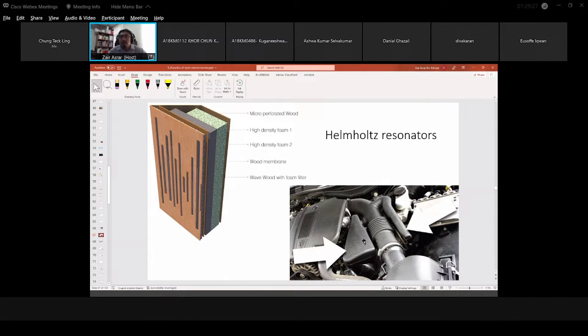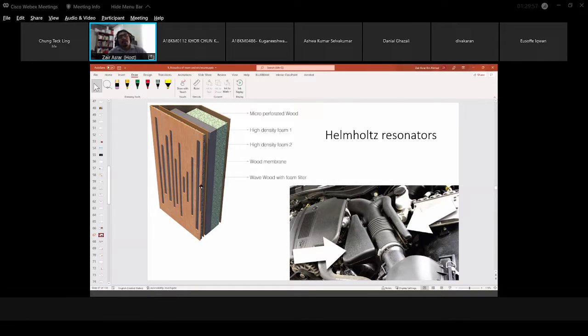If we don't have this kind of specific frequency from our intake sound, right? In this case, since we have probably two problematic frequencies, we have two Helmholtz resonators with different volume and probably different neck as well. So these two are Helmholtz resonators in our intake.